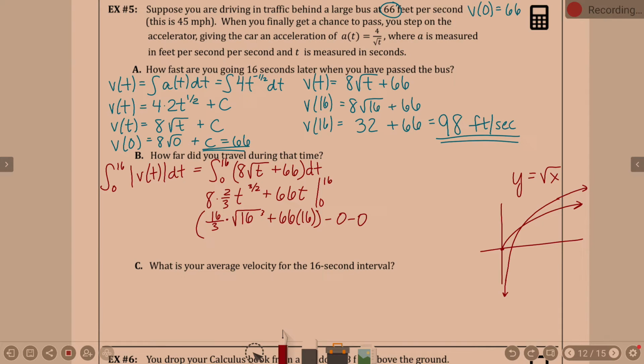Is that right? That's not what I have written down. I got 1,396. That's the final answer I have written down.